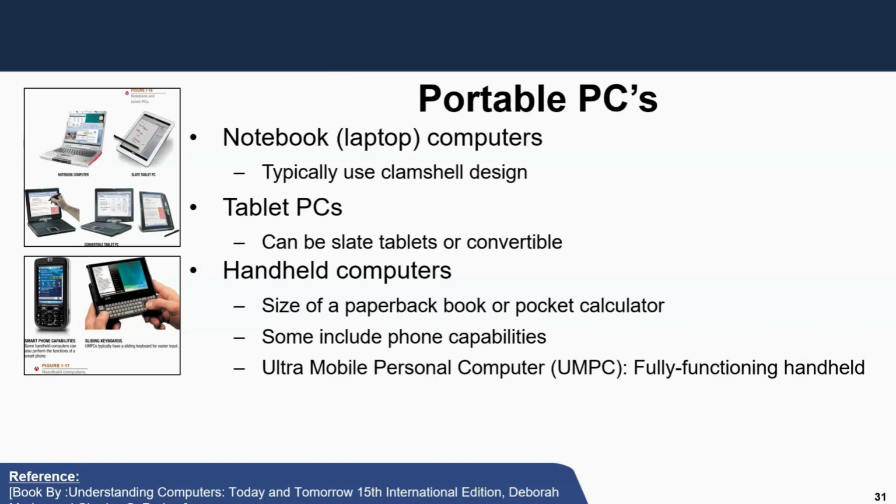It will give you the advantage of portability, so you can carry it wherever you want to go. You cannot carry a whole desktop computer with you. But there's a limitation that it is not as powerful as a desktop computer.